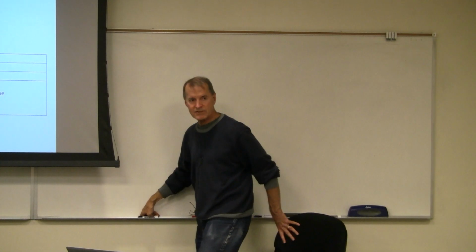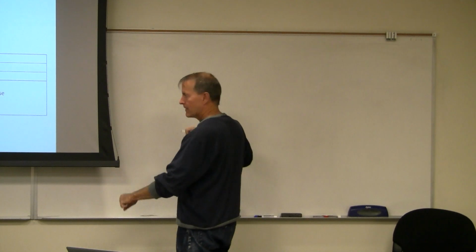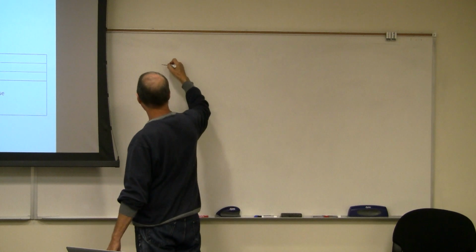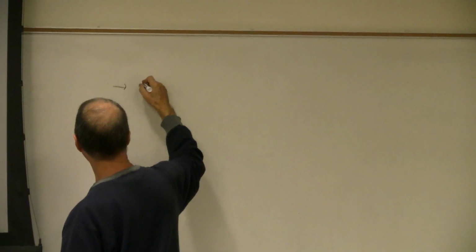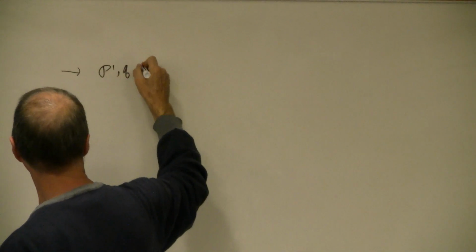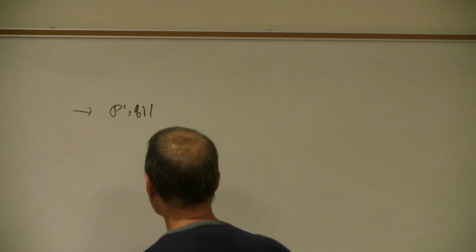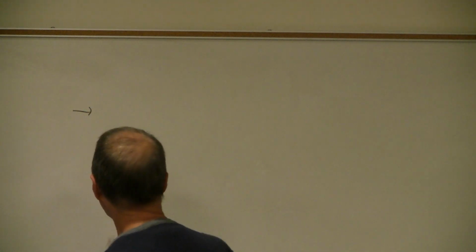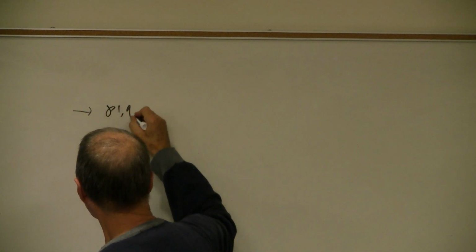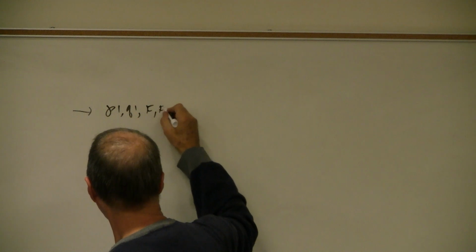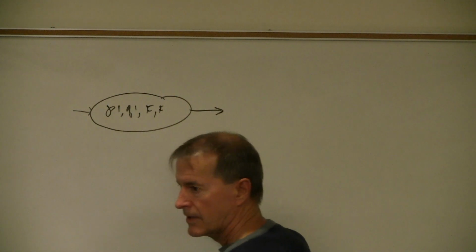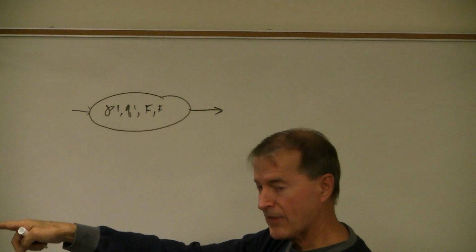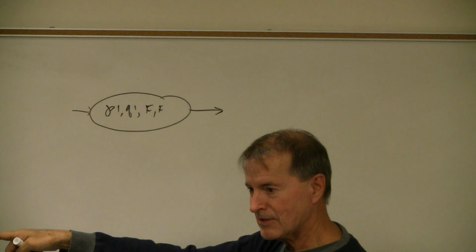Is it possible to get into, here we go. Are you ready for this? Is this focused? Okay, check this out. If we start here, and our initial state is P1, Q1, false, false. Now, I think it's not going to guarantee mutual exclusion.